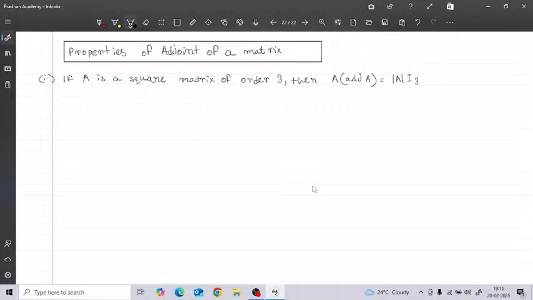Sorry, not I cube, I3, the 3 cross 3 identity matrix. And this is also equal to adjoint of A into A. Okay, you will get MCQ questions which you have to solve using these properties.